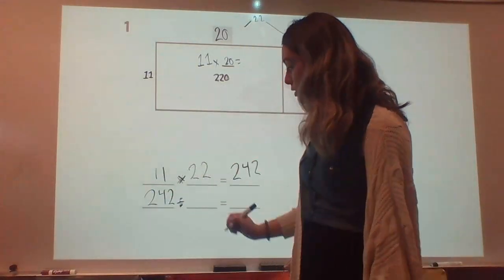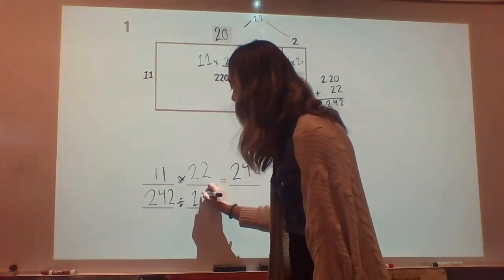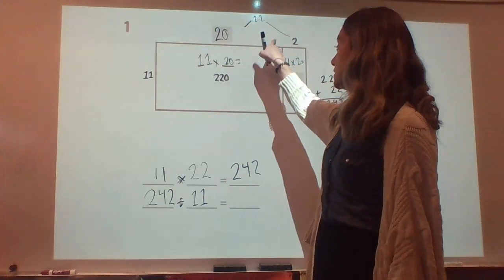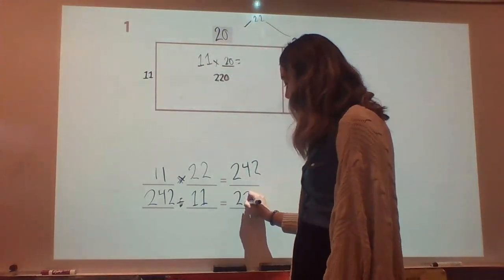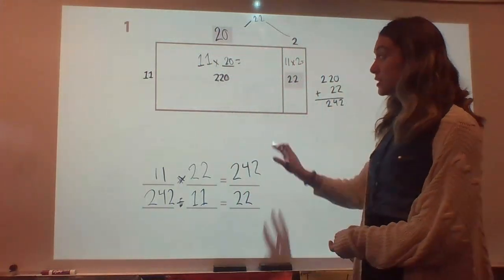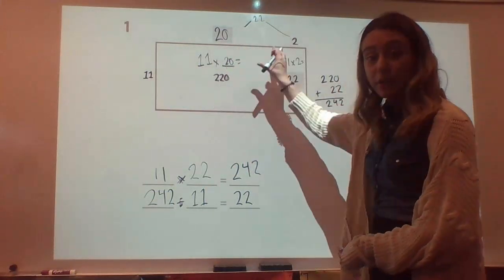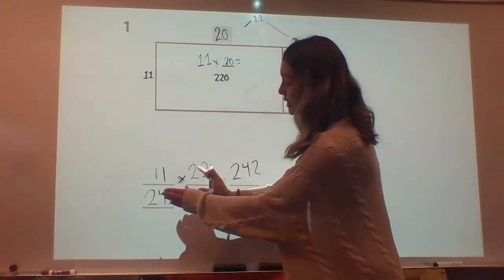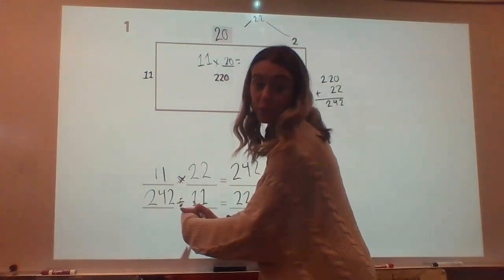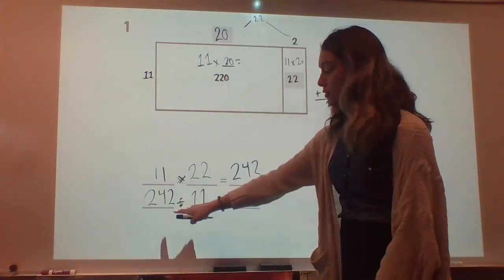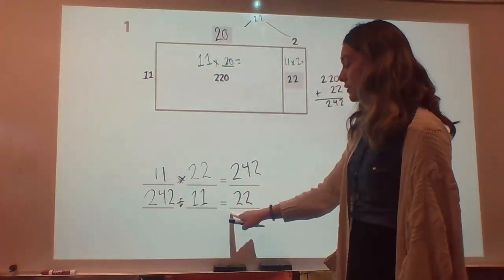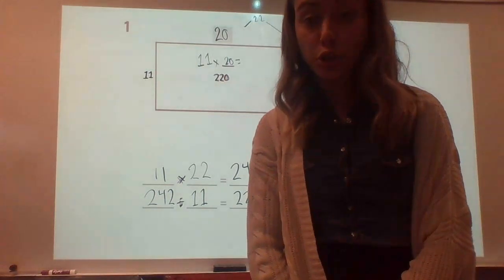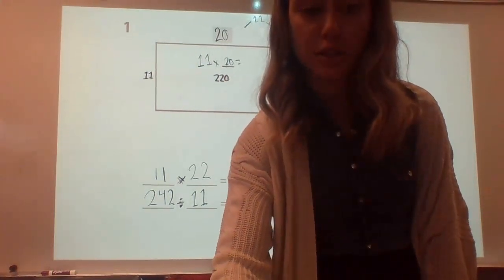Let's go with 11. 242 divided by 11 equals 22. So friends, you take the number on the inside, that bigger number that you got as your answer to your multiplication problem, and it becomes the beginning number in our division sentence. So 242 divided by 11 equals 22.